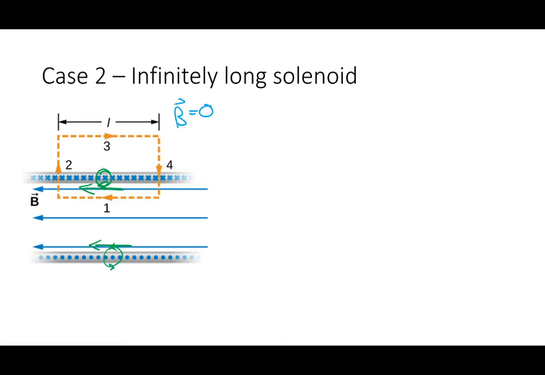Anyway, now that we've established the outside has no magnetic field, we can draw an Amperian loop of this rectangular shape, and then apply Ampere's law.